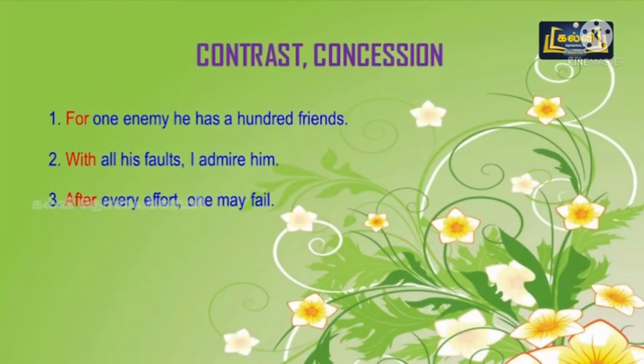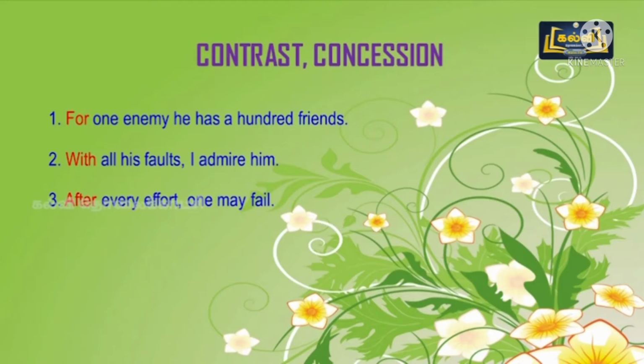Then come examples for contrast and concession. First example is, for one enemy he has 100 friends. Here for is the answer. Second one, with all his faults I admire him. Here with is the preposition.